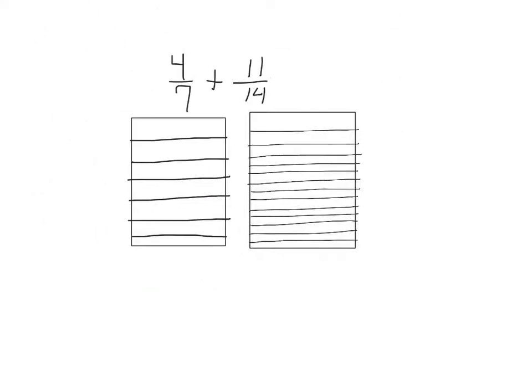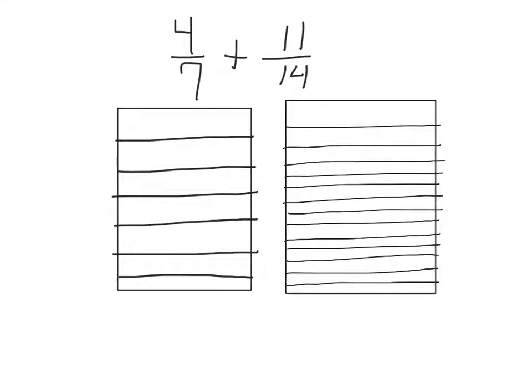So I'm going to go 1, 2, 3, 4, 5, 6, 7, 8, 9, 10, 11, 12, and 13 lines, which should give me 14 parts: 1, 2, 3, 4, 5, 6, 7, 8, 9, 10, 11, 12, 13, and 14 parts. Bam! Exactly what I wanted.